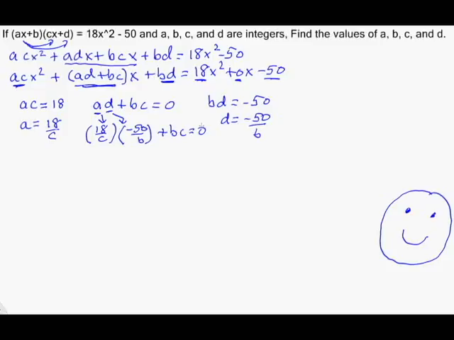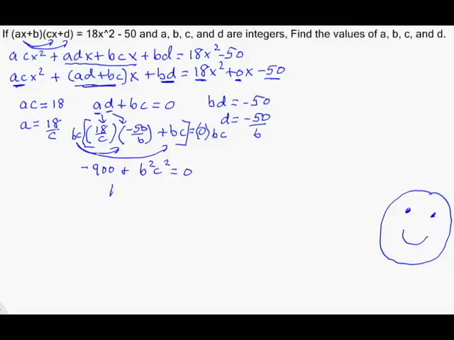Now I'm going to multiply both sides by BC. So this side I will multiply by BC, and then this side I'll multiply by BC. So what we got when we go ahead and multiply these, we're going to get negative 900 plus b squared c squared is equal to 0.